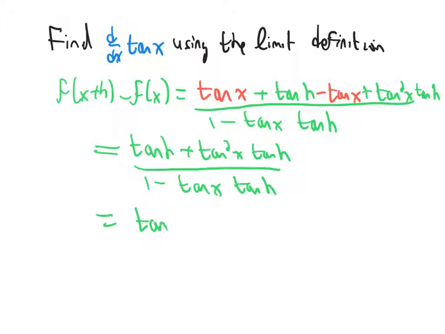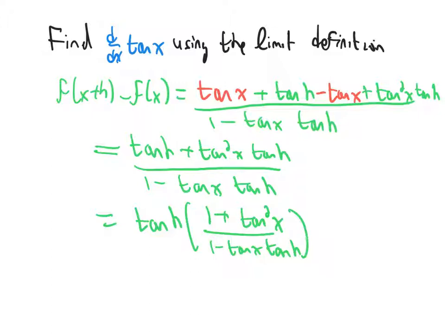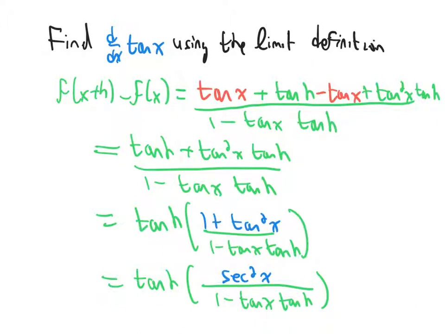So tan h, and then I'm left with 1 plus tangent squared x over 1 minus tan x tan h, and one last thing is to recognize that that numerator, 1 plus tan squared of x, is just secant squared of x.